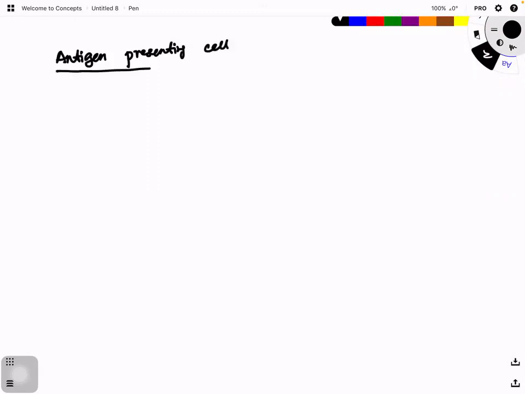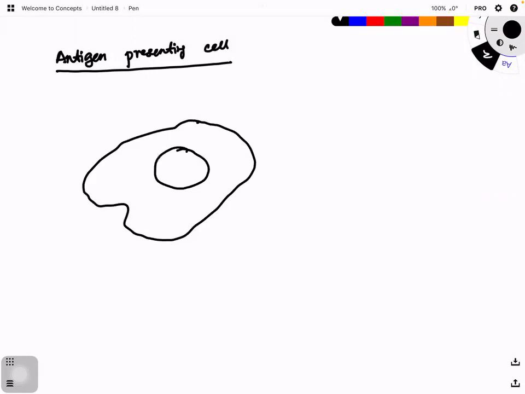Now, we have quite a number of cells that can do antigen presentation, but the main one would be the macrophage. So what can macrophage do? Look at this. Macrophages are phagocytes, so they carry out phagocytosis. Let's say this is my pathogen, with surface antigen, non-self antigen.